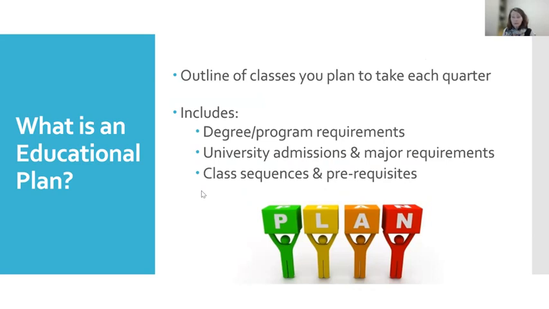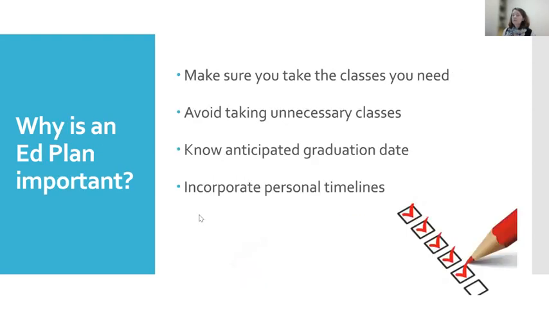If applicable, if you're planning to transfer, it should include any admission or major admission requirements for the university where you'd like to go. And it should also take into account any prerequisites, classes that you need to complete at the beginning, as well as sequences of courses. So that's what an educational plan is.